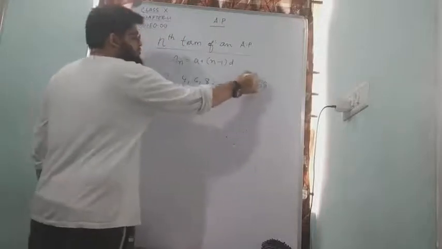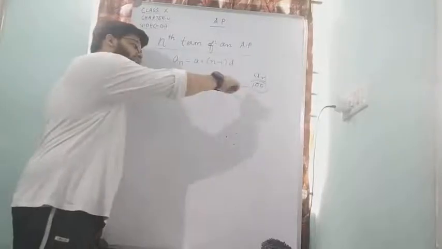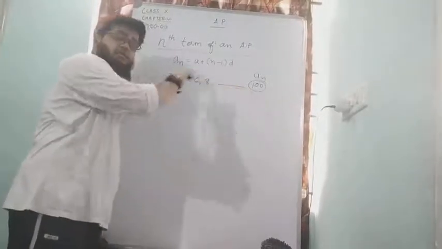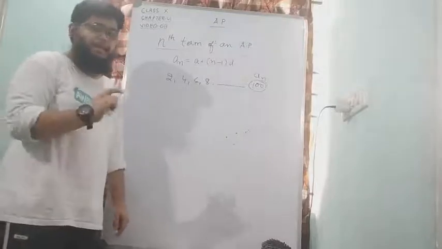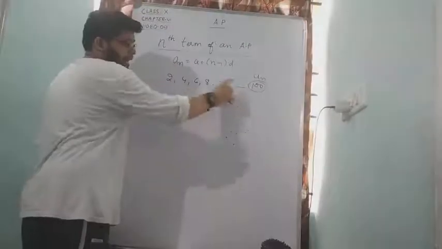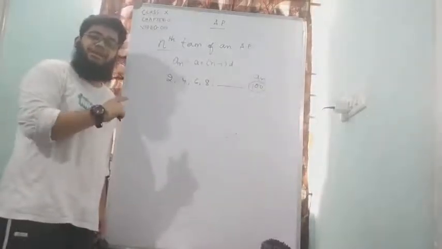Then this last term should be taken as an. In an AP, if the last term, or a number, is present at the end of the list of numbers, then that number should be taken as the value of an, completely an, not n. As and when we do the problems, you'll understand why it is required.